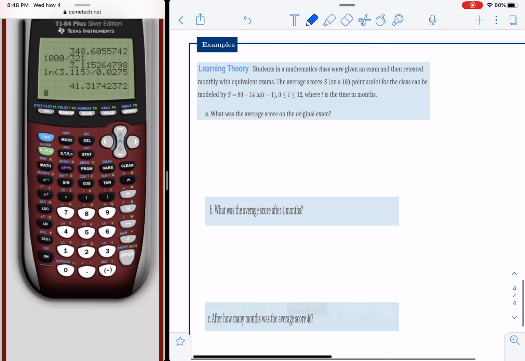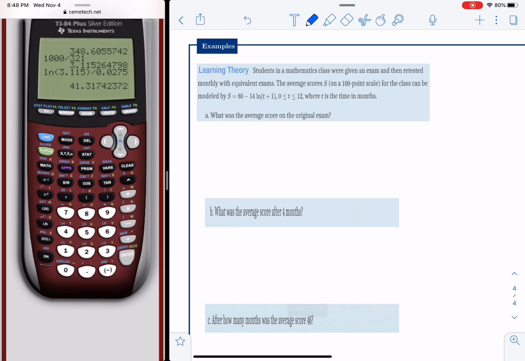So this problem contains a logarithmic equation, not an exponential equation. As you can see, the logarithmic equation that's given to us is s equals 80 minus 14 ln of t plus 1, where t is defined between 0 and 12.